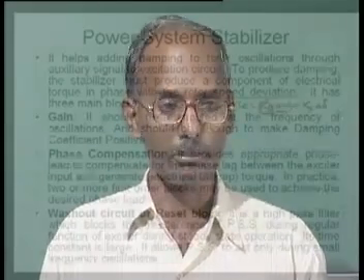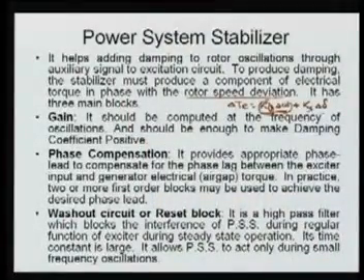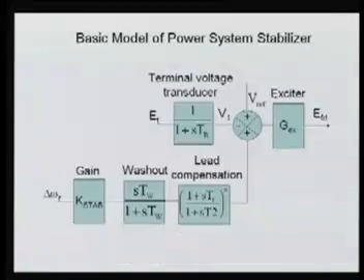It has three main blocks in the power system stabilizer: the gain, phase compensation, and your washout circuit, or sometimes it is called reset. So you can see the figure first. This is a basic model of the power system stabilizer.